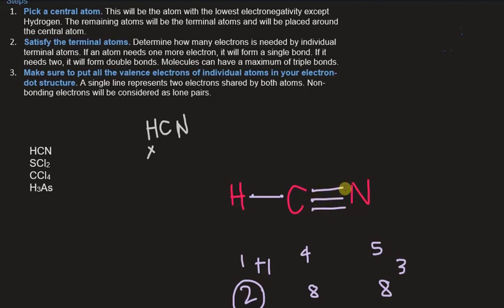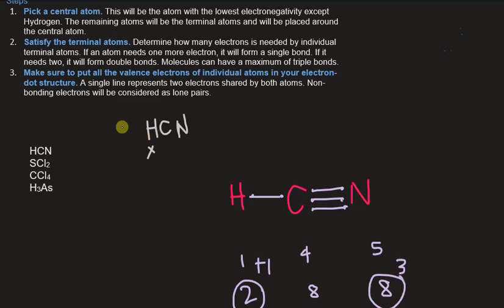Again, this is a mutualistic relationship. When nitrogen asks for 3 valence electrons, carbon also asks for 3 valence electrons from nitrogen. So nitrogen now has 3 more valence electrons, therefore gaining an octet.